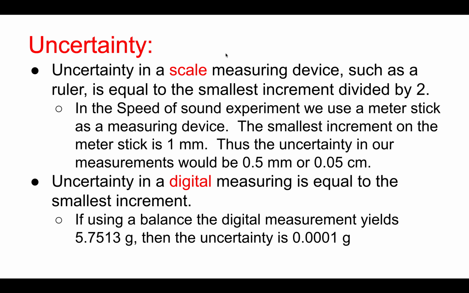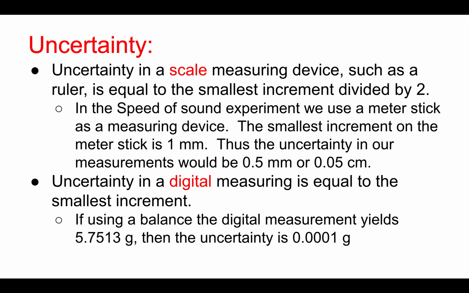So let's say we have uncertainty in a scale measuring device like a ruler. In your speed of sound experiment, you'll be doing a virtual experiment, but if you would have done this in the lab, you would be using a ruler. The smallest increment on the ruler or the meter stick is about 1 millimeter.